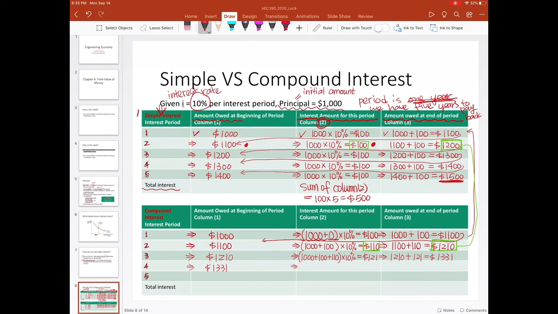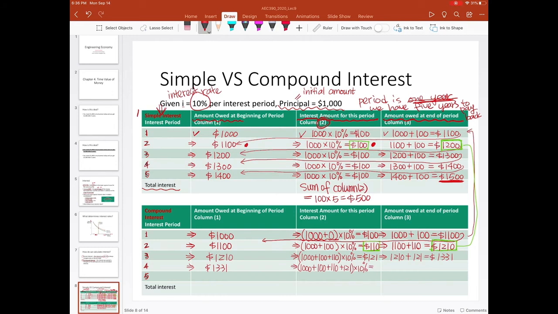And what is the interest? The interest is, because it's compound interest, based on the initial or the principal amount plus all the previous interest. So you got 3 different interests in the past 3 years. You got 100, you got 110, you got 121. That's your new base times the interest rate.